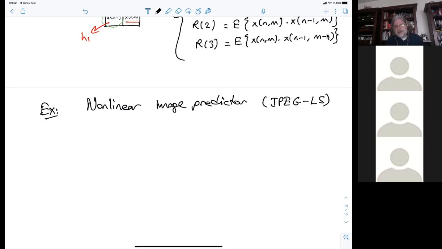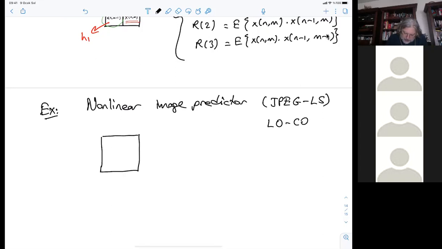Naturally, there is a lossless mode of JPEG, and in lossless mode of JPEG, they use the so-called LOCO nonlinear predictor. LOCO stands for low cost or low complexity. It is nonlinear, but it has less computational complexity than linear predictors in 2 by 2 mode. It works like this.